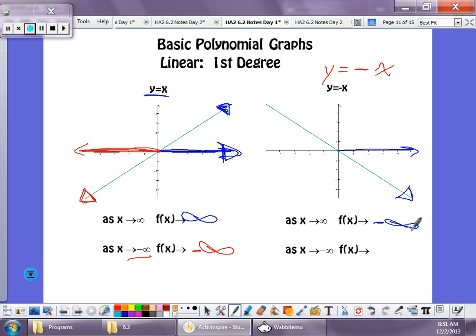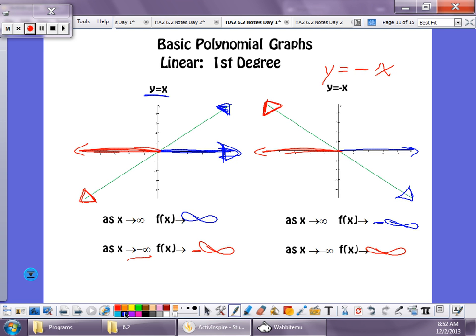And as my x values approach negative infinity, where are these y values approaching? Positive infinity. Very good. So you'll notice that when we put a negative coefficient out front, what happened to my end behaviors? They flipped. So when we put in a negative coefficient, the end behaviors flipped.